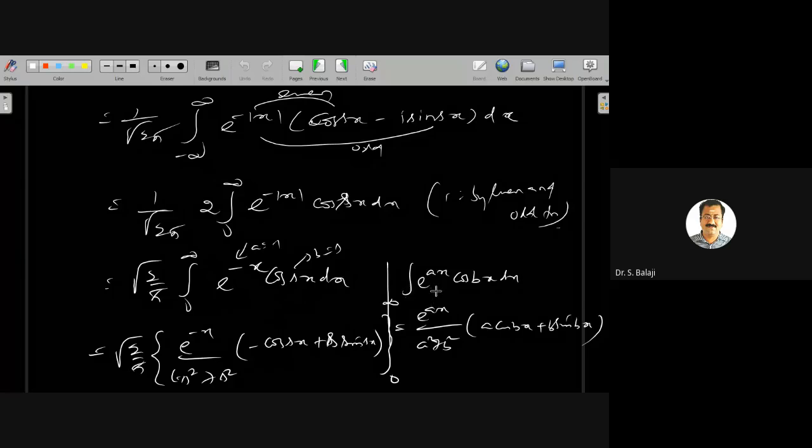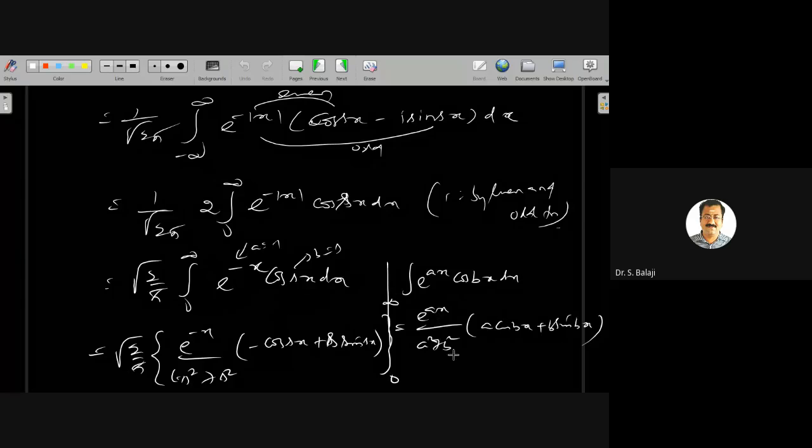Integral of e power ax cos bx dx is equal to e power ax by a square plus b square, times a cos bx plus b sin bx. What about here? A is minus 1 and b is s.